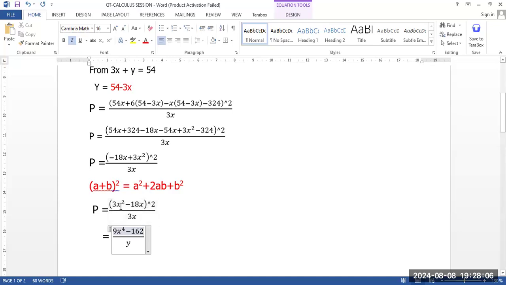If you have x squared and you multiply by x, what do you get? Because you are multiplying the same base, we add the power. So you get 2 plus 1, which will be your x power 3.